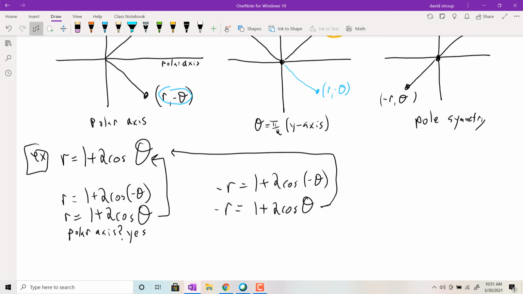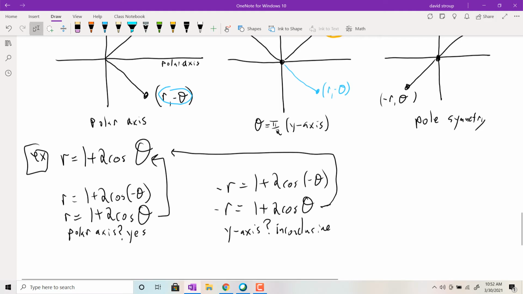So you don't want to say that there's no y-axis symmetry. You're just going to say, I don't know. You could say no conclusion, inconclusive is probably what the book will say. So I'll just say inconclusive. So I don't know, basically.